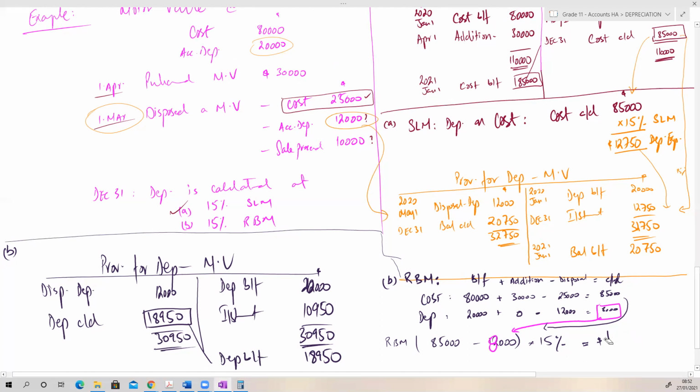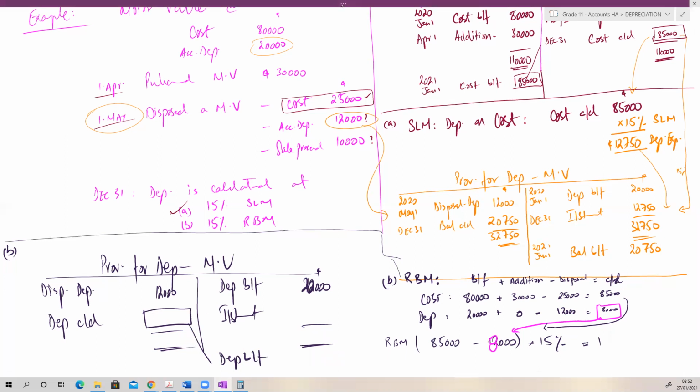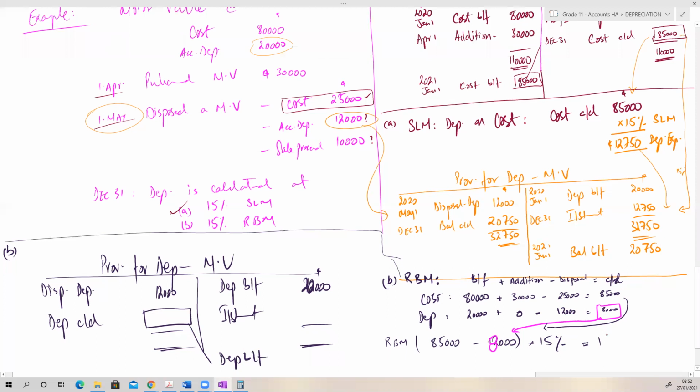So this is 11,550, this is 11,550, so 31,550, and from 31,550 subtracting 12 leaves 19,550. I made an error over here: instead of 8, I wrote 12. Now, how did I get this 8?